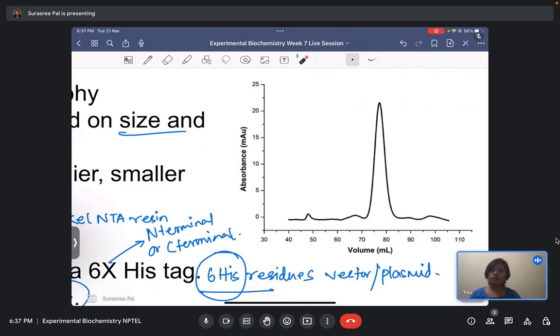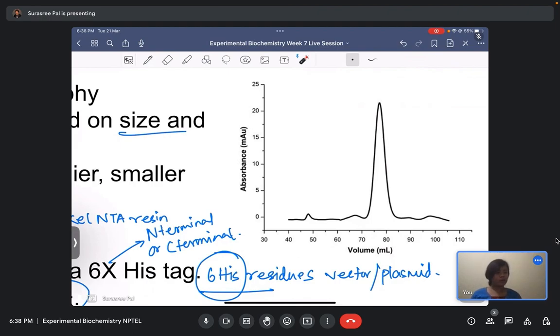And by that retention volume, we will also be able to calculate the molecular weight of the protein, by using the standard curve. So for the standard curve, many proteins of known molecular weight are passed through the column, and their retention volume is plotted, and from that we can calculate the molecular weight of our protein of interest from this size exclusion chromatogram.